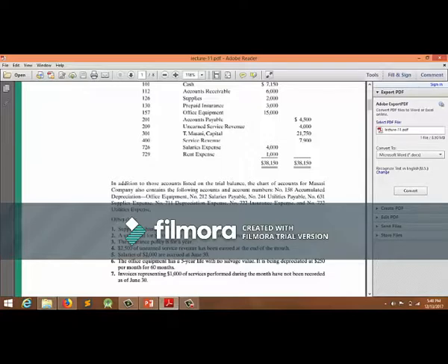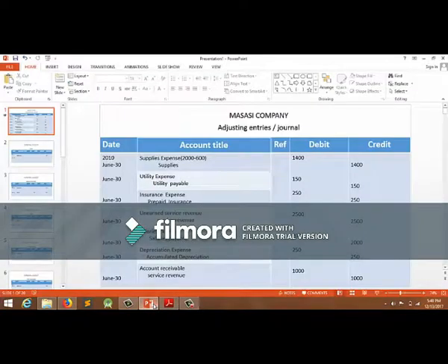To adjust this trial balance, we have to do the adjusting entries or adjusting journal first. Then we have to do the adjusted ledger and adjusted trial balance. Here are the adjusting entries.